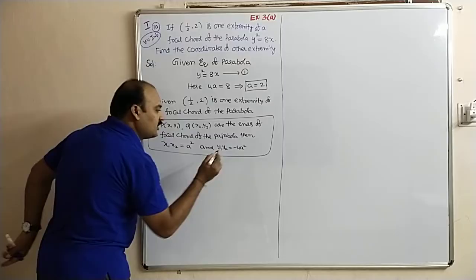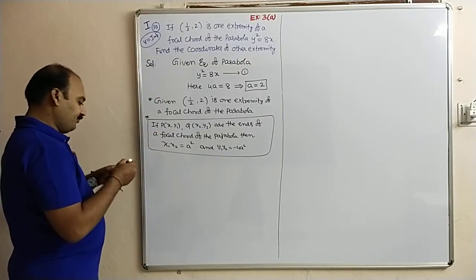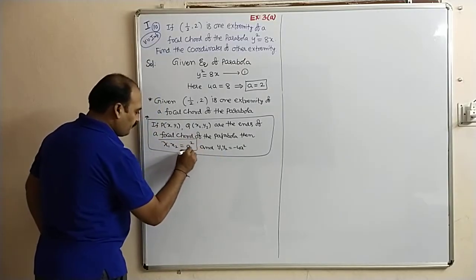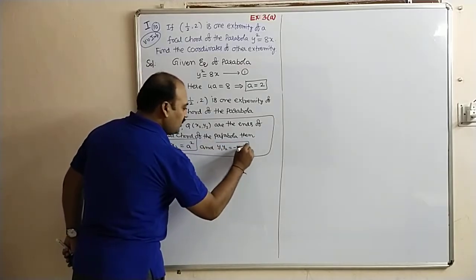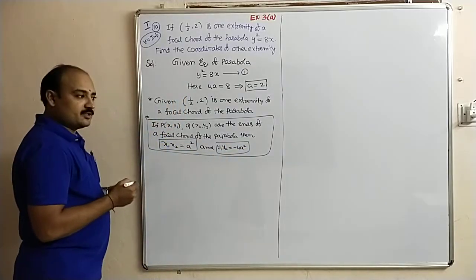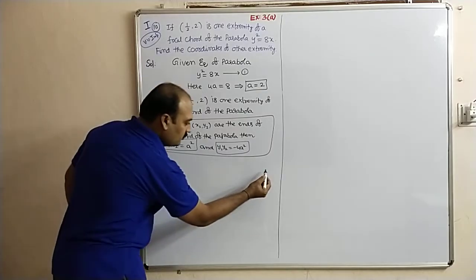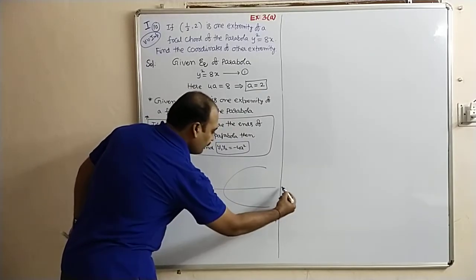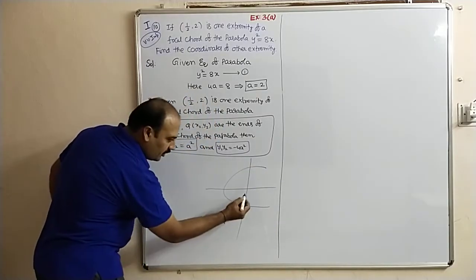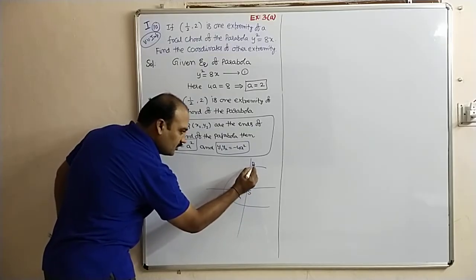This is the standard result. You have to remember. By using these we are going to get the other extremity. See, I will show in the figure. This is the focal chord, this is S, this is P, this is Q.